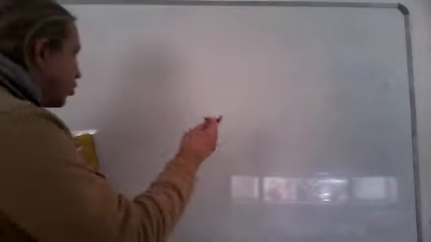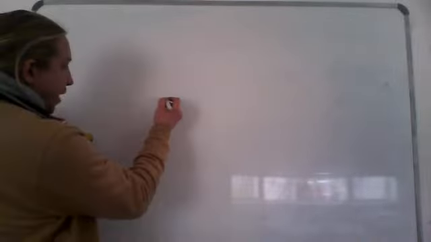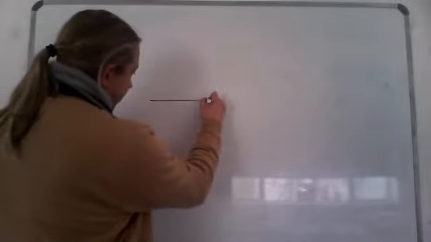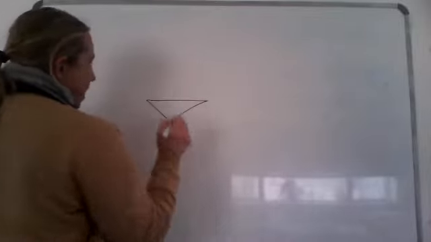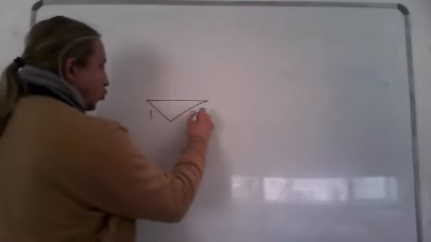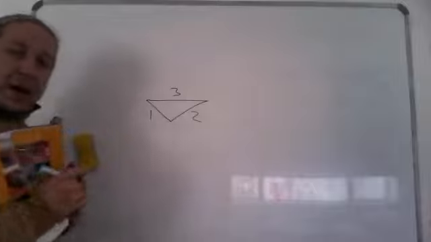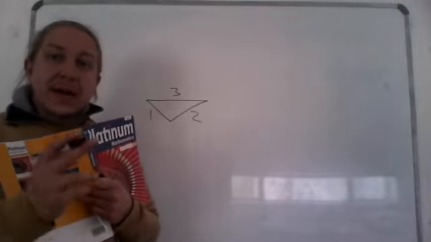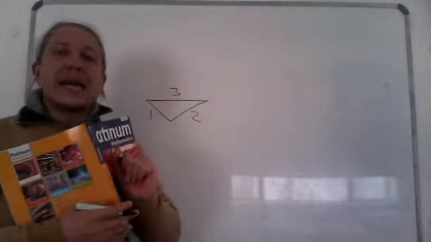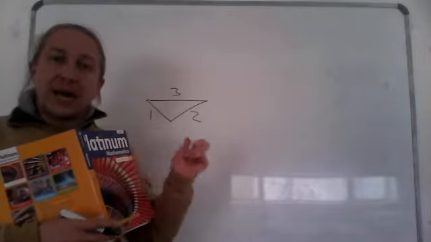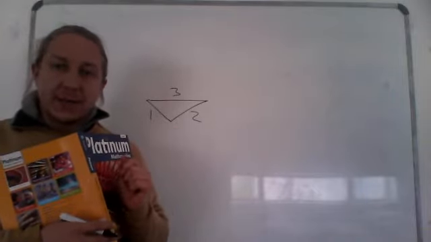So if we have a triangle that looks like this, let's say, and the sides are 1, 2, and 3 centimeters, then I tell you, draw me another triangle with also sides 1, 2, and 3 centimeters.